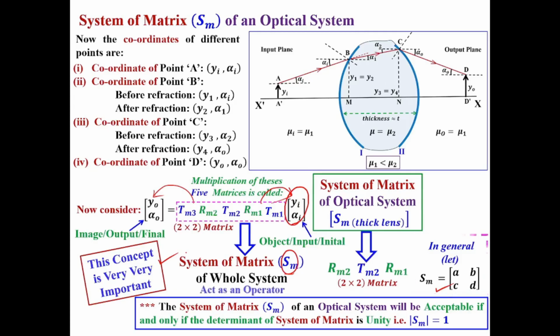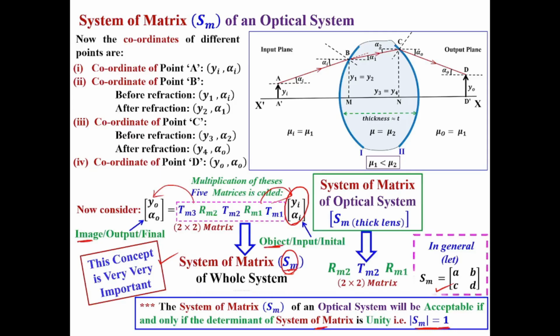In that class we also discussed that any 2 cross 2 matrix will be accepted as a system matrix if and only if its determinant is 1. If the determinant is 1, then it will be accepted as a system matrix. So I suggest you remember this concept: when a system matrix is operated on object information, we can find information about the image.